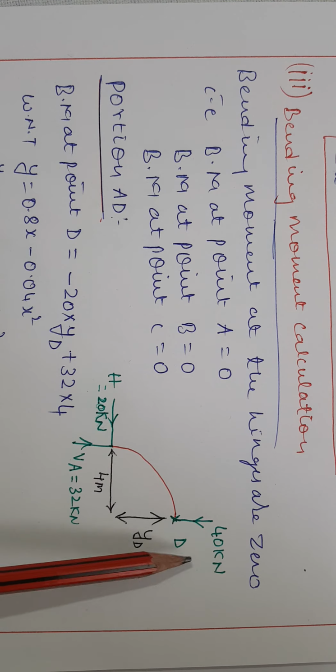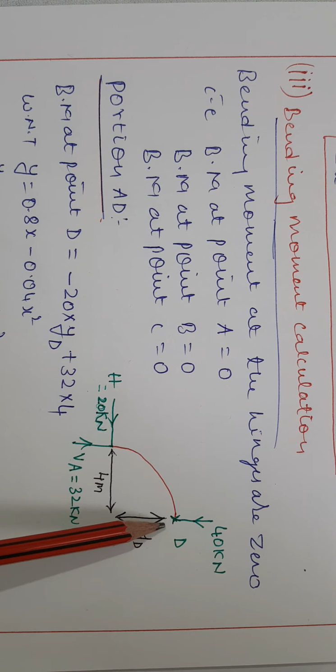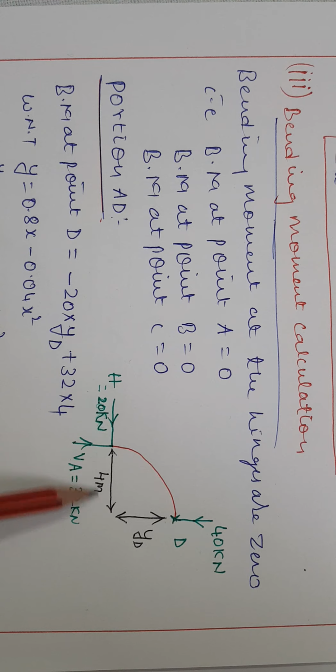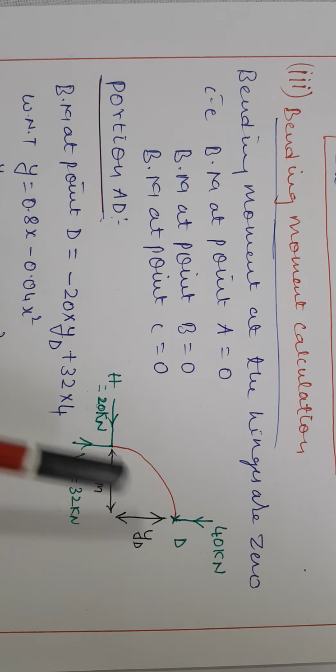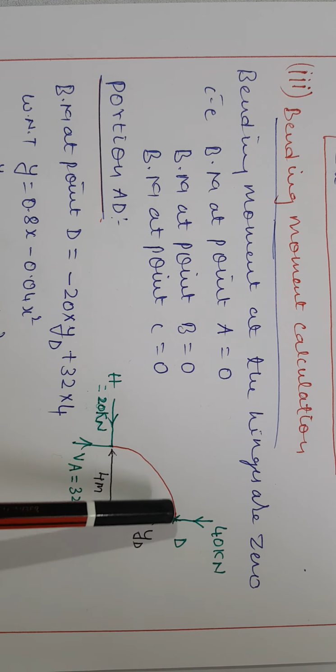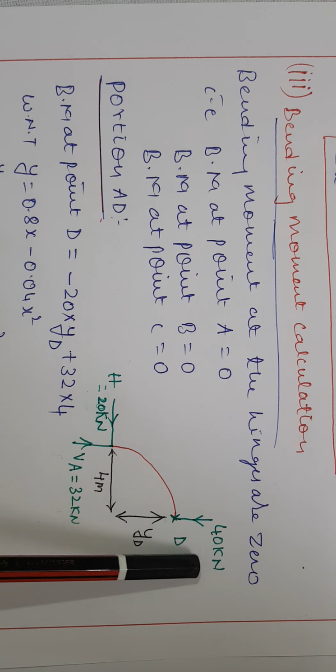So we have a point load of 40 kilonewton acting at D, 4 meter from the left support, and we know the horizontal force is 20 kilonewton and the vertical force is 32 kilonewton. We know the moments at the hinges are 0, and we have to find the bending moment with respect to point D. The 40 kilonewton is acting at point D, so it will become 0.